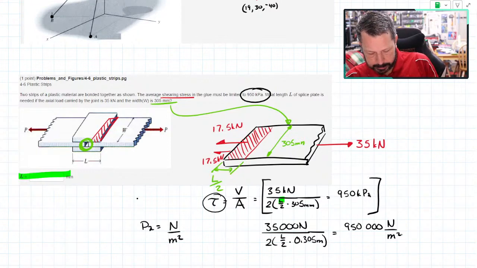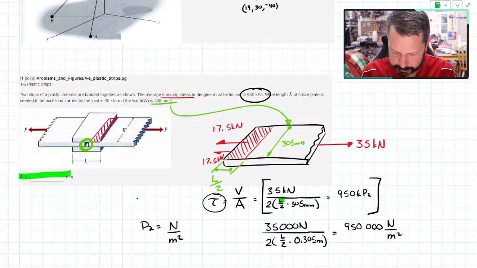So let's see. I've got 950,000. Let's move that denominator over there, so times 2. And then I've got divided by 2. And then I've got times 0.305.